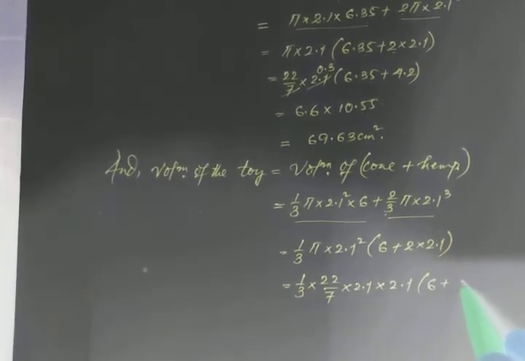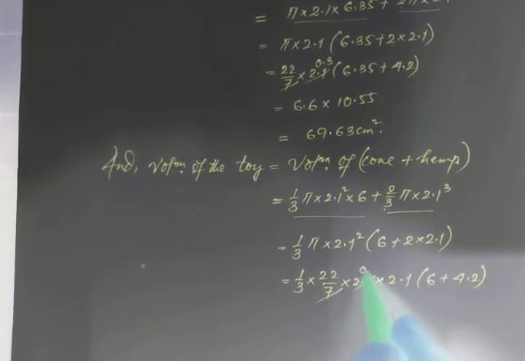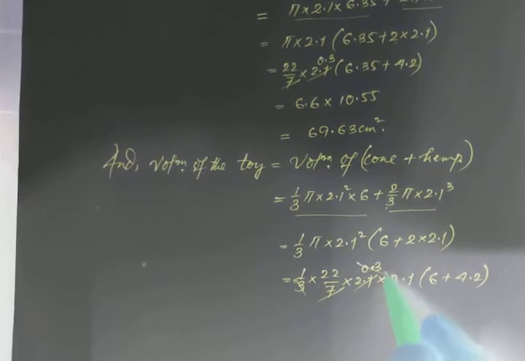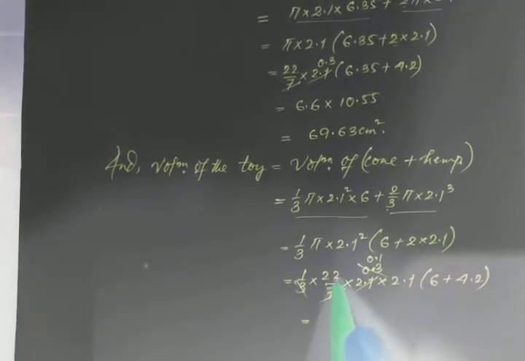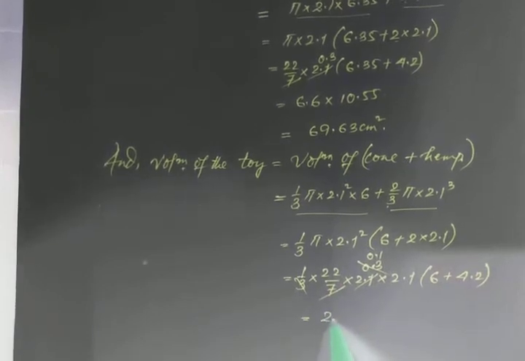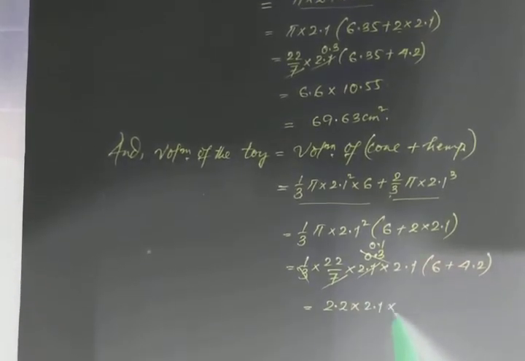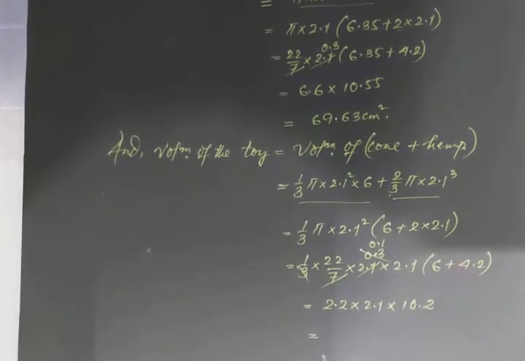Now 6 plus 4.2, cancelling this, 7, 0.3 gives 2.1, and 3 into 0.1 gives 0.3. Multiplying 22 and 0.1 gives 2.2, 2.1. 6 plus 4.2, 10.2.